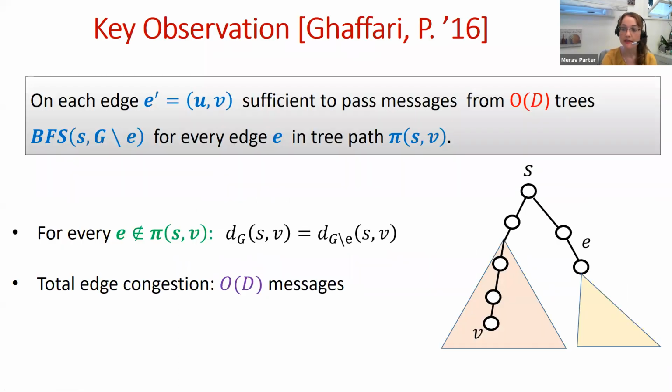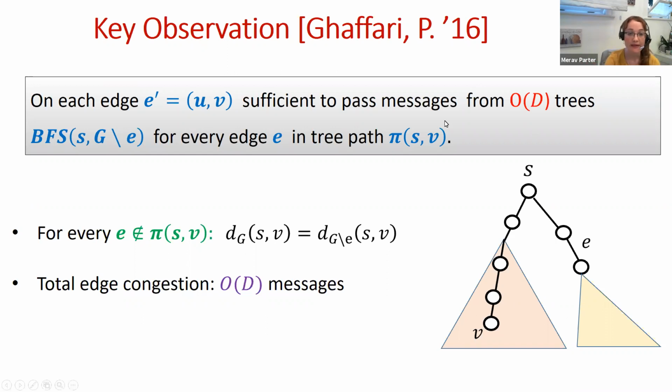Okay, so here is our starting observation from the SPA16 paper. If we just consider a single source and a single fault, we know that we need to compute n BFS trees with respect to S in every graph G minus e for every edge e in the BFS tree of S. And now we look at it from the viewpoint of a node v, and we ask how many of these BFS trees should v really be actively participating in?